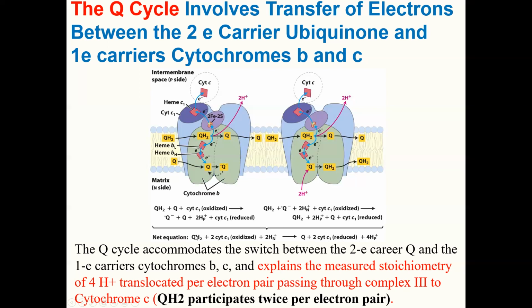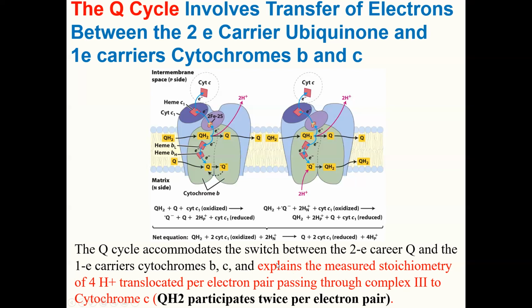And you can see now it should make sense that this stoichiometry fits with the Q cycle that I just explained to you. You are able to utilize 2 protons from the N side. You are able to take a mole of QH2 and transfer those 2 electrons to 2 moles of cytochrome C. And in that process, you are able to pump 4 protons to the P side.